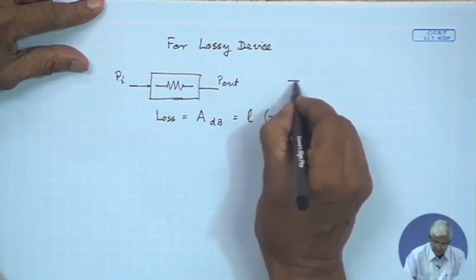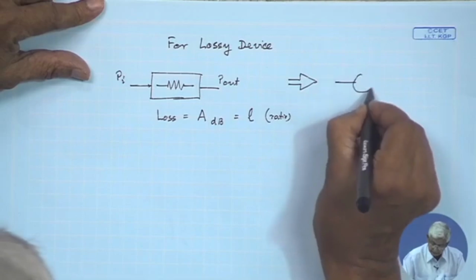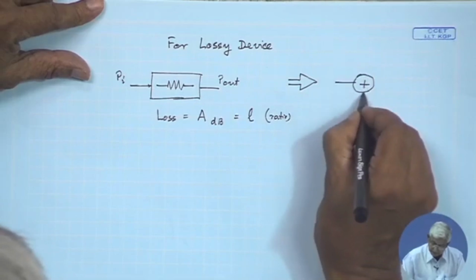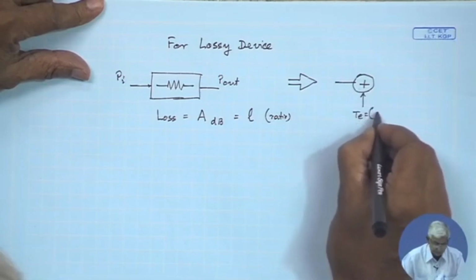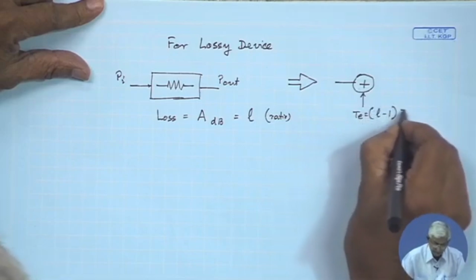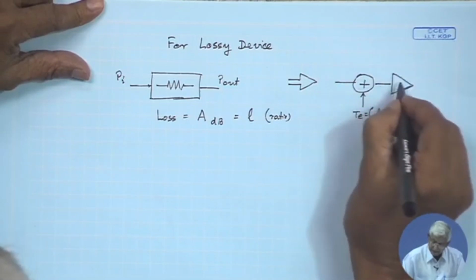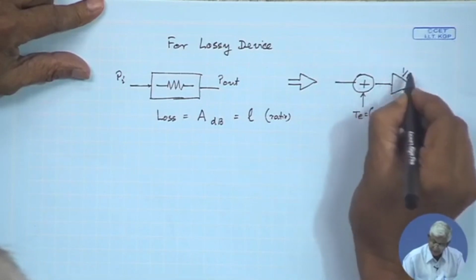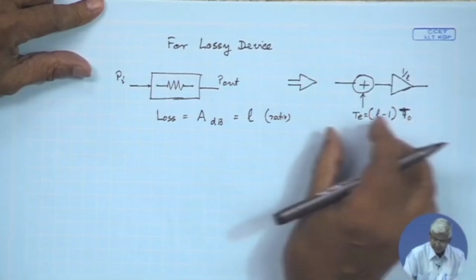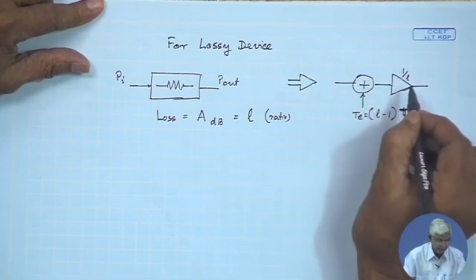This can be equivalently drawn in a similar way. At the input there is a T e which is equal to L minus 1 into T 0, and an amplifier with a gain equal to 1 by L, as if the noise is generated at the input part, and this is a noiseless amplifier.